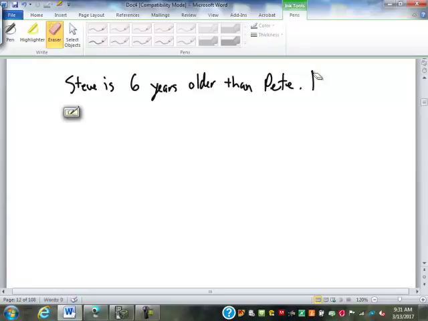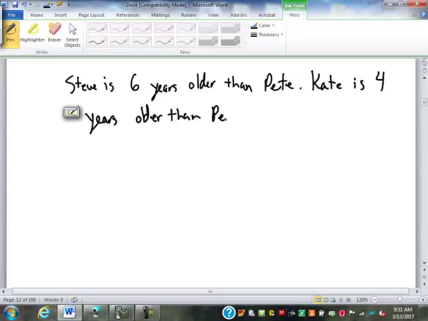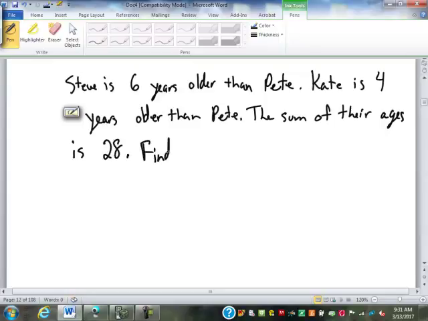Kate is 4 years older than Pete. The sum of their ages is 28. Find the age of each.